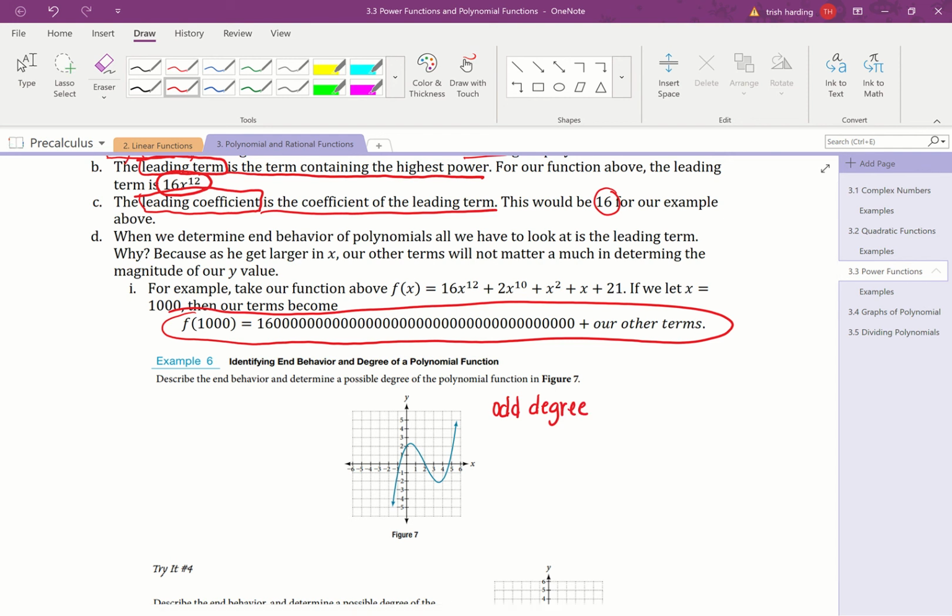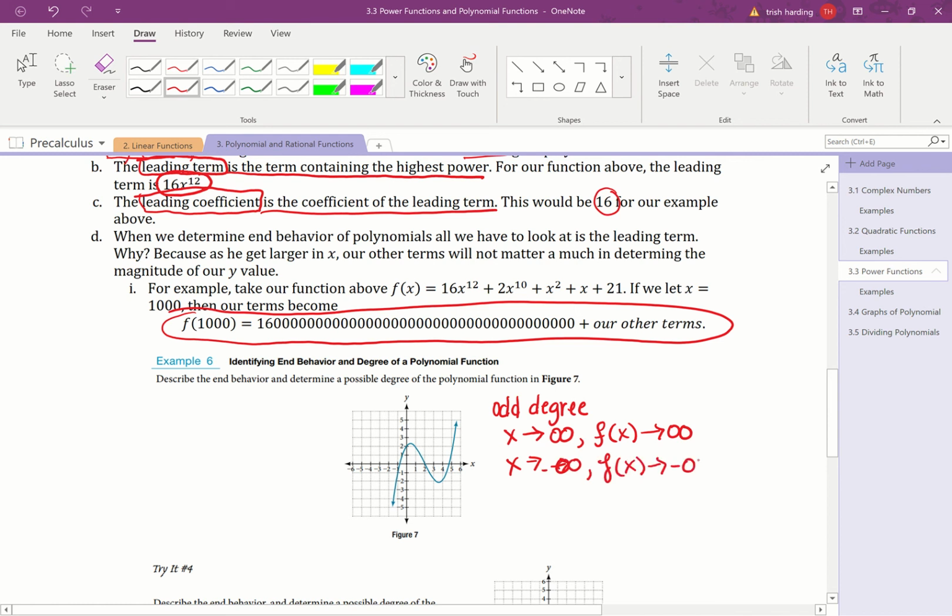What I do notice is that as x gets larger and larger and larger, y also gets larger and larger and larger. And as x gets smaller and smaller and smaller, our y is going to get smaller and smaller and smaller. So this means that our coefficient is greater than 0.